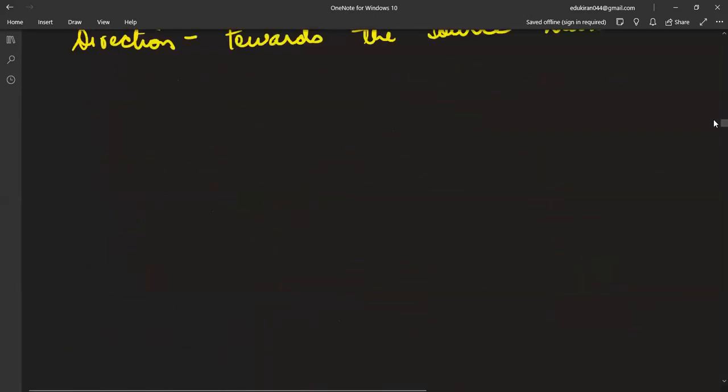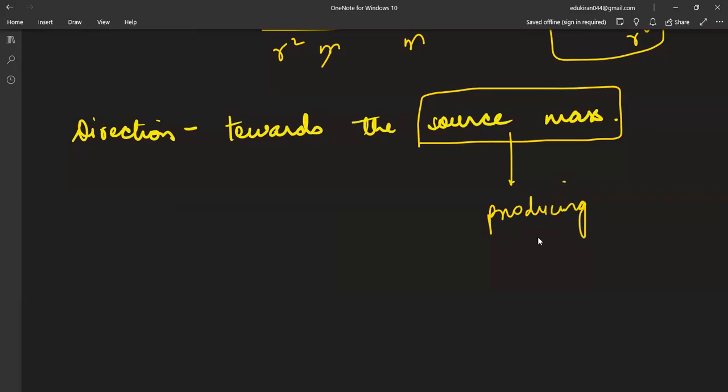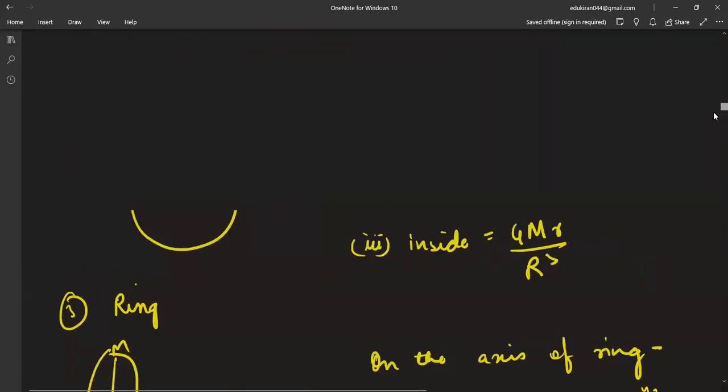Source mass means the one which is producing the gravitational field. Also, this is a static mass. This is how you will identify this. Note it down.